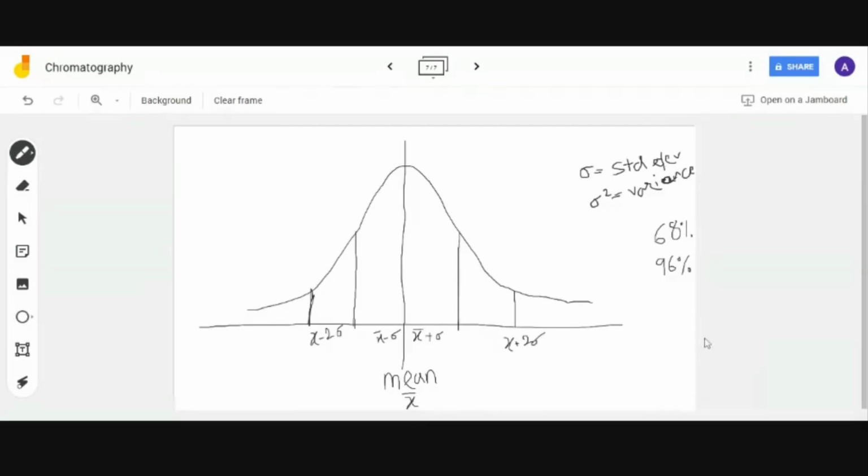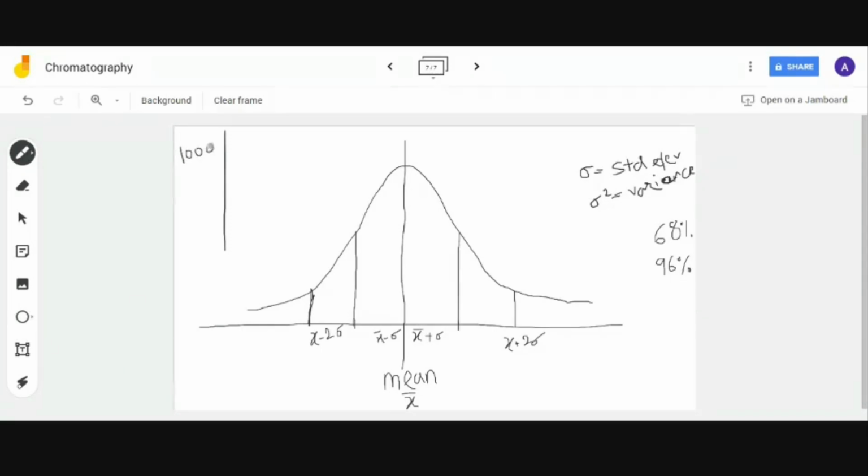Suppose I have conducted one experiment in which I have taken 1,000 readings.